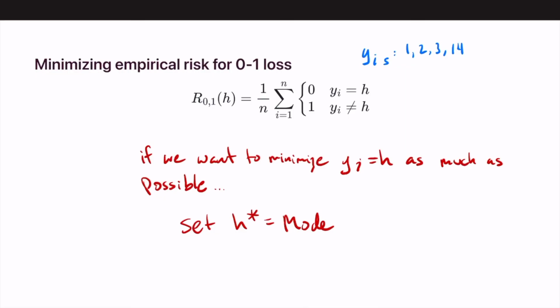You might be saying, well, yeah, that's true, but in this case, if we don't have a mode, we have just 1, 2, 3, and 14. They're all unique, and that's true in this case of this toy data set, but that is often not the case in a real world data set.